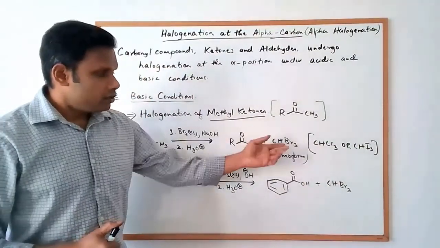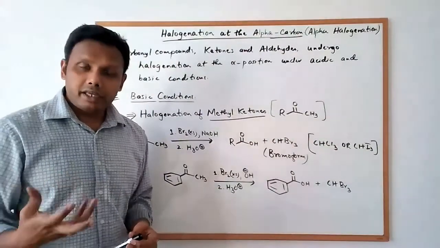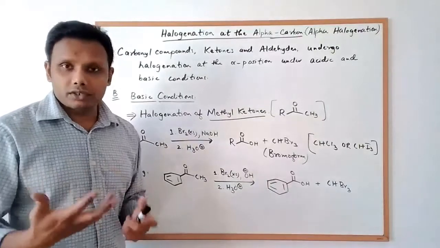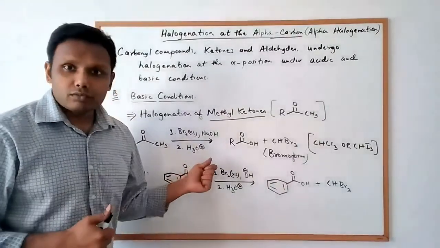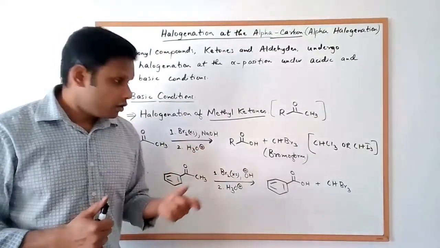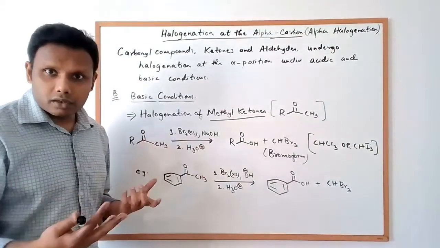Now, these molecules, the bromoform and the iodoform, have a very characteristic yellow, orangish color to them. And so this reaction was actually used as a test for the presence of a methyl ketone group earlier.